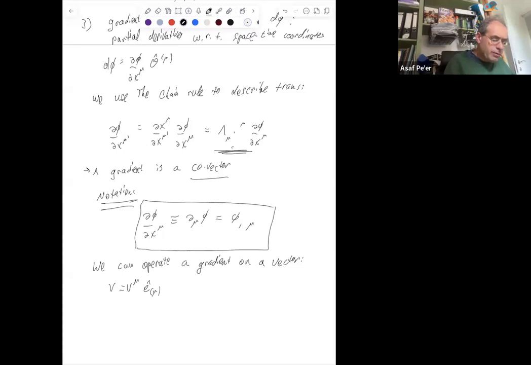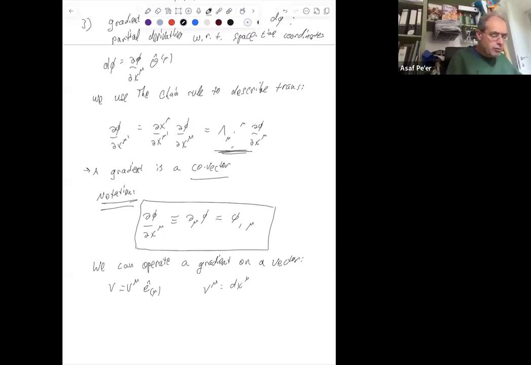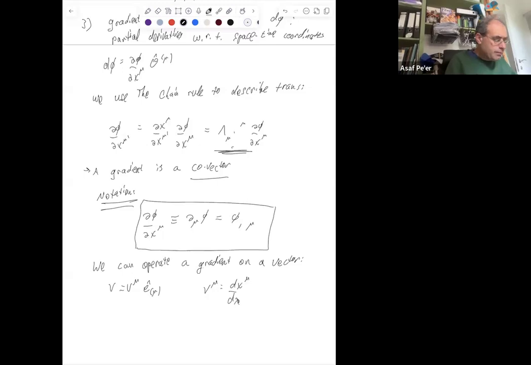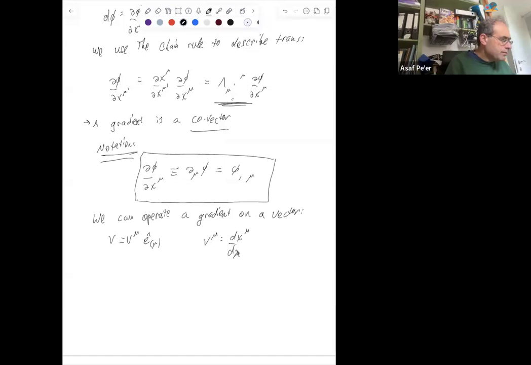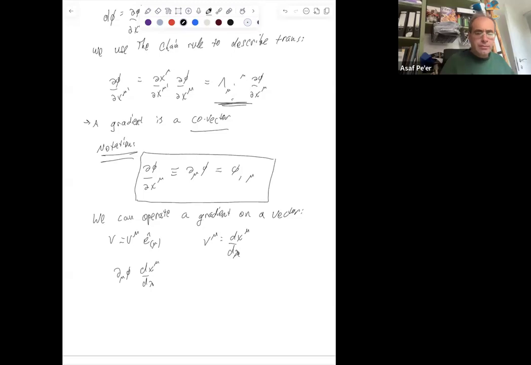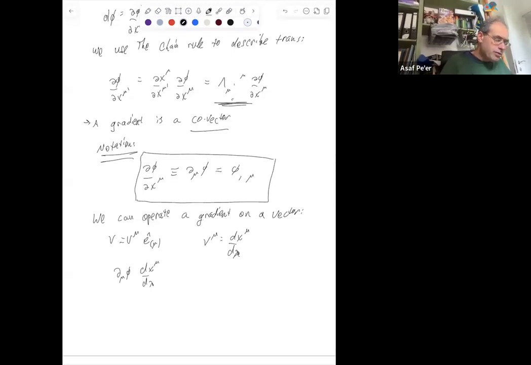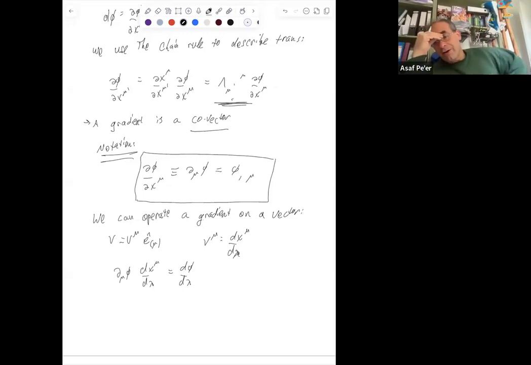So if I write V^μ is dx^μ/dλ, then what I get is a simple ordinary derivative. So ∂_μ φ dx^μ/dλ. I can simply use, it's not even the chain rule, I just get dφ/dλ. This is just the derivative of the function φ along the curve λ.